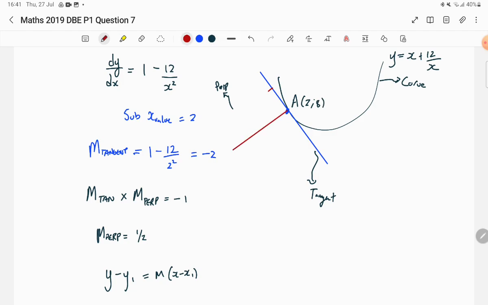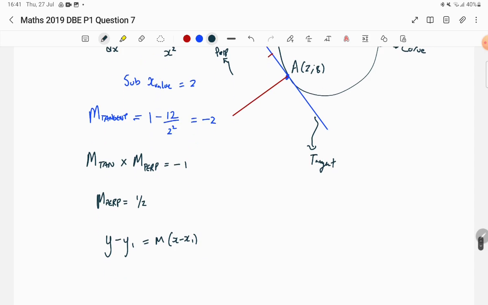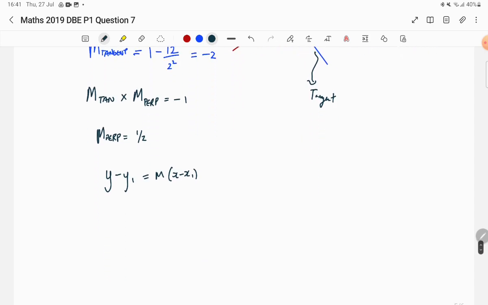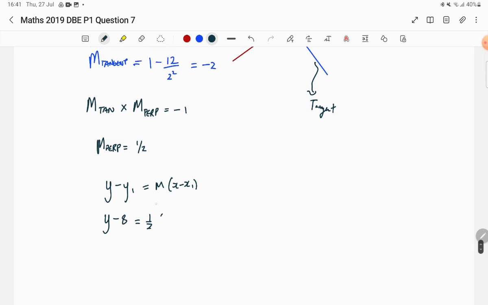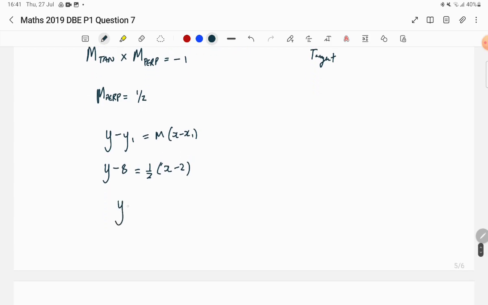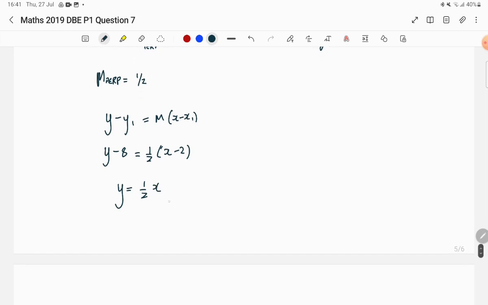So if we sub in all these values, y minus 8 equals a half times (x minus 2). Thereafter we get the equation of the perpendicular line, which is y equals half x plus 7.